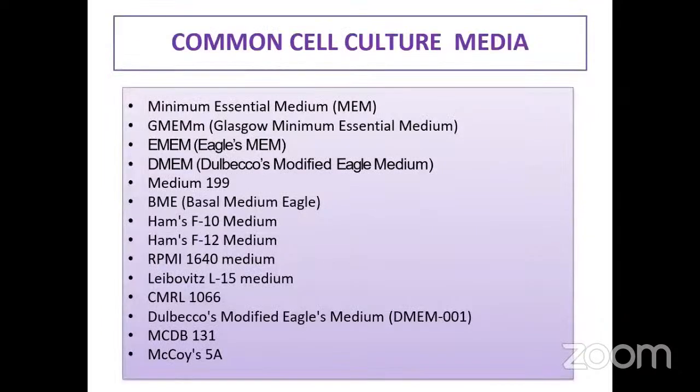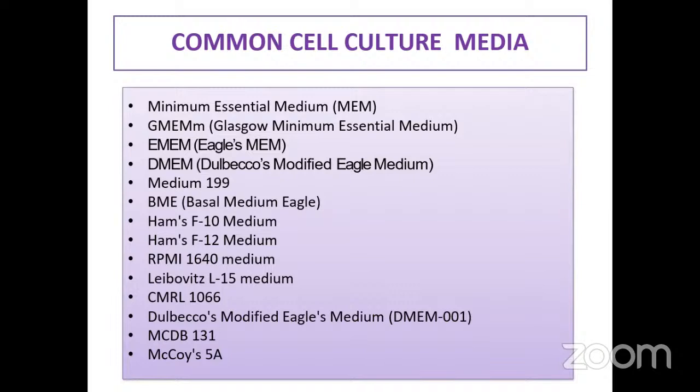Got it? So these are the common cell culture media which are used. One is minimum essential medium, then GMEM, which is Glasgow Minimal Essential Medium, EMEM, Eagle's Minimal Essential Medium, DMEM, Dulbecco's Modified Eagle Medium, then Medium 199, Basal Medium Eagle, Ham's F10 Medium, Ham's F12.